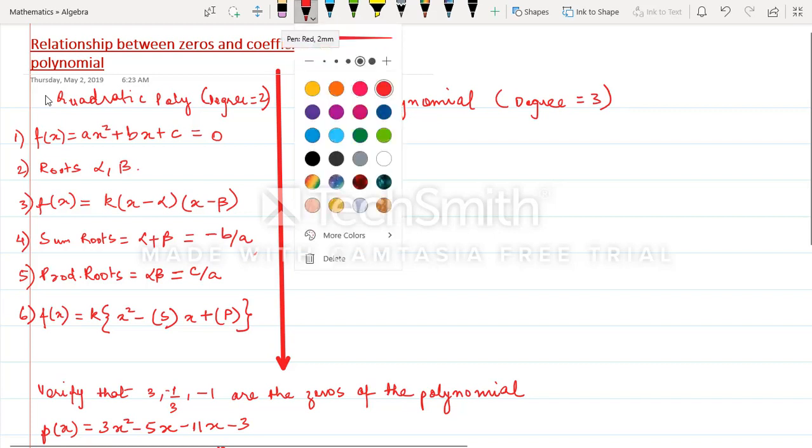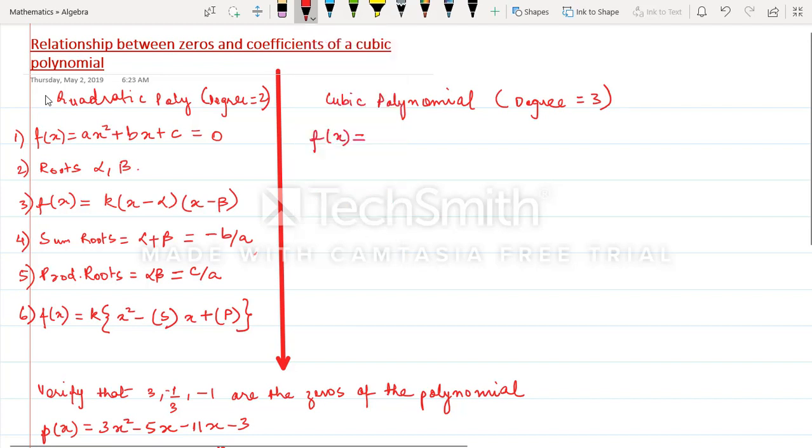The general form of a cubic polynomial is a x cubed plus b x squared plus c x plus d. You see, because the degree was 2, it started with x squared. Because the degree is 3, it starts with x cubed.